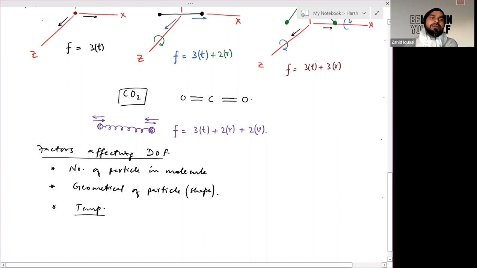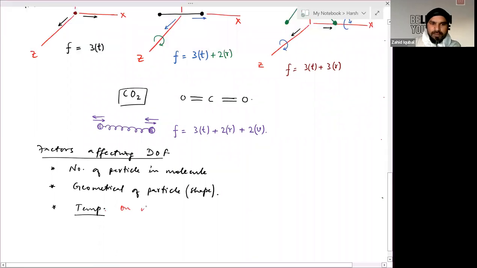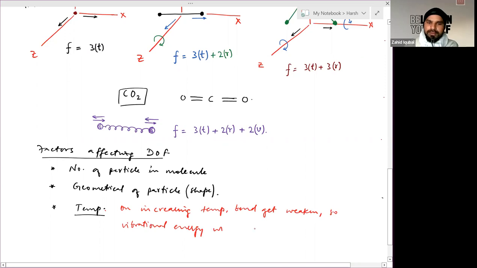So if you're asked how degrees of freedom will be affected with rising temperature, you'll say: on increasing temperature, the bond gets weakened, so vibrational energy will be included. Hence, the degrees of freedom increase.